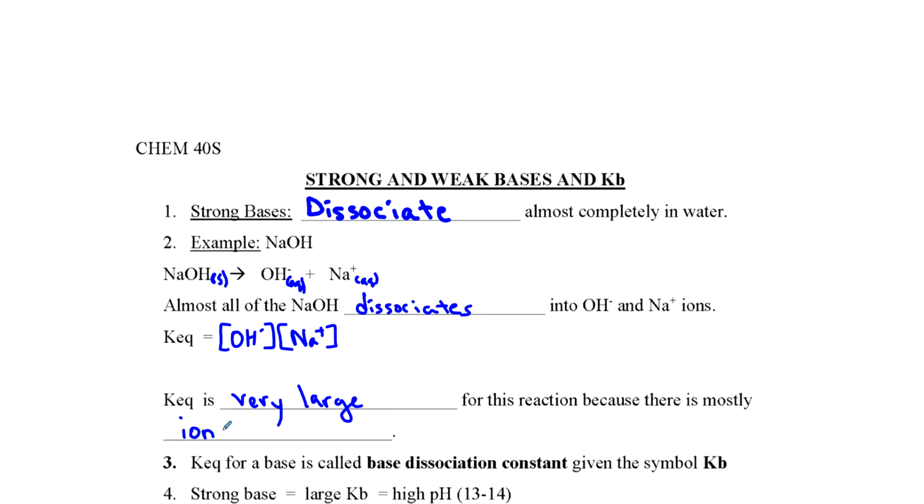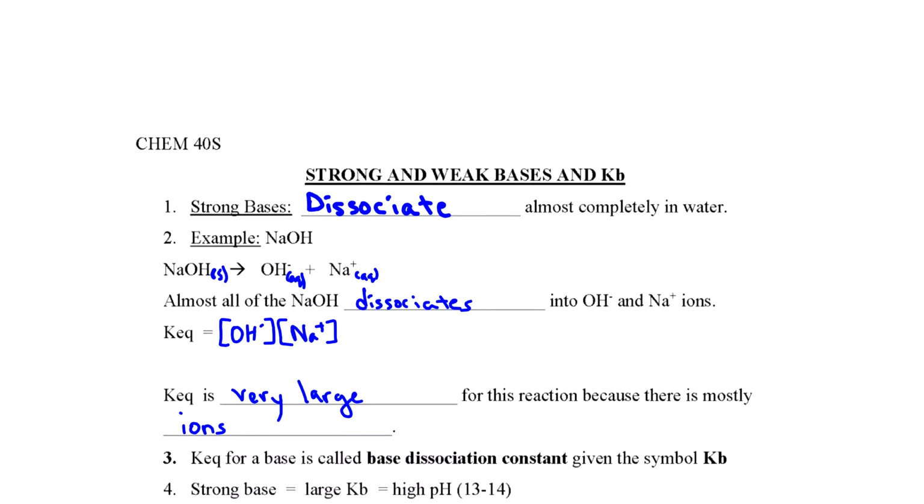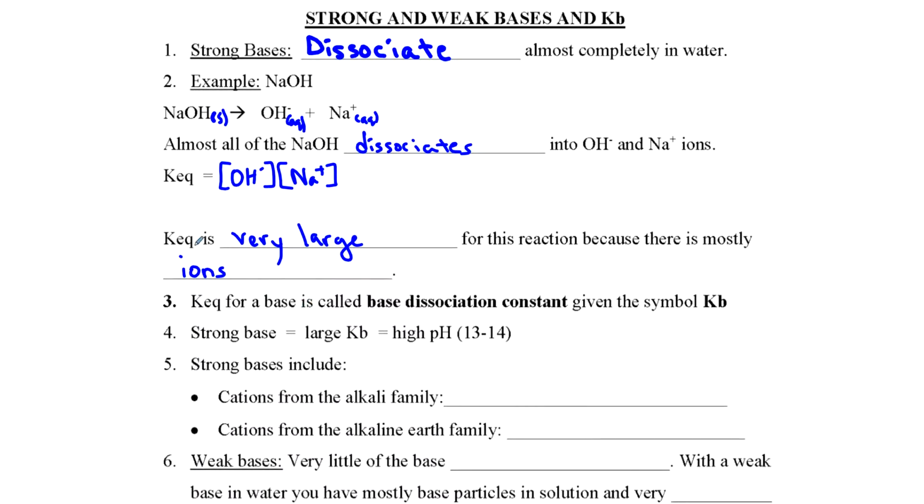Okay, and it's happening just in this forward direction. So Keq for a base, we have our own specific constant that we use for bases, and it's called the base dissociation constant, and we use the symbol Kb. So very much like Ka, it's just designed to represent bases.